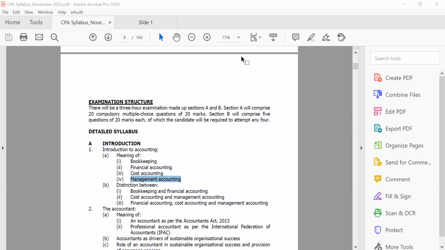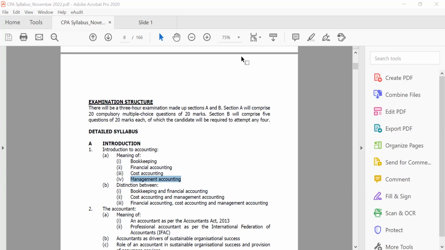So it is very important for you to understand the different branches of accounting. We have other branches like tax accountants. I think you've had some organizations recruiting tax accountants. So that would be another field to look at. But for now, those could be aspects that you really need to know. After that, I believe that right now you can distinguish between bookkeeping and financial accounting.